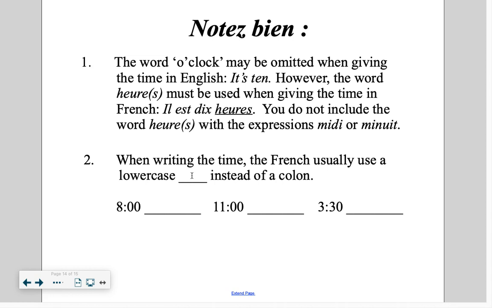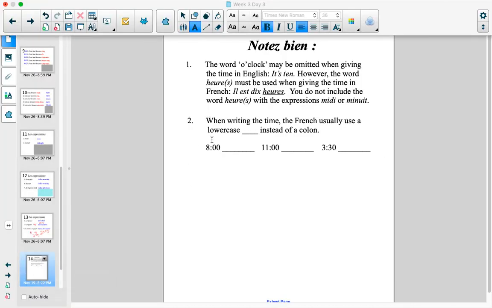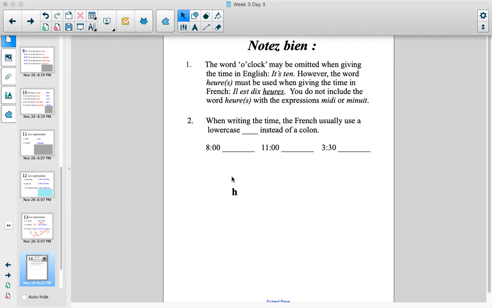When writing the time in French, the French usually use the lowercase h. So we use a lowercase h in French instead of a colon. For 8 o'clock, we would write 8h00.